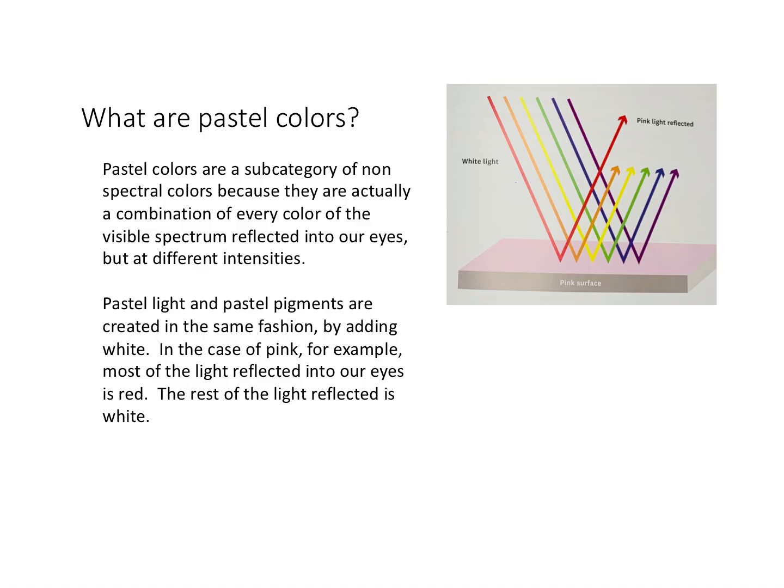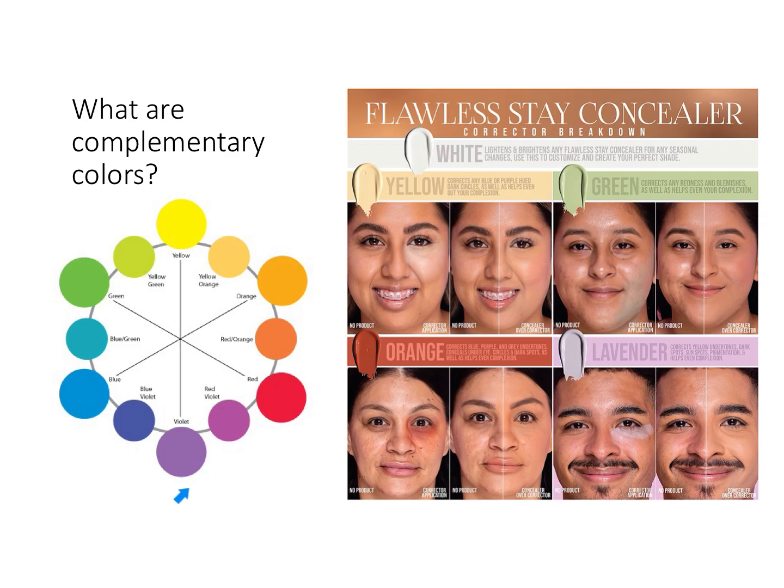Now, I mentioned before one of the ways that we can desaturate a color is using its complementary colors. Complementary colors are two colors that neutralize each other. If the complements are made of light, they make white light when they're mixed.